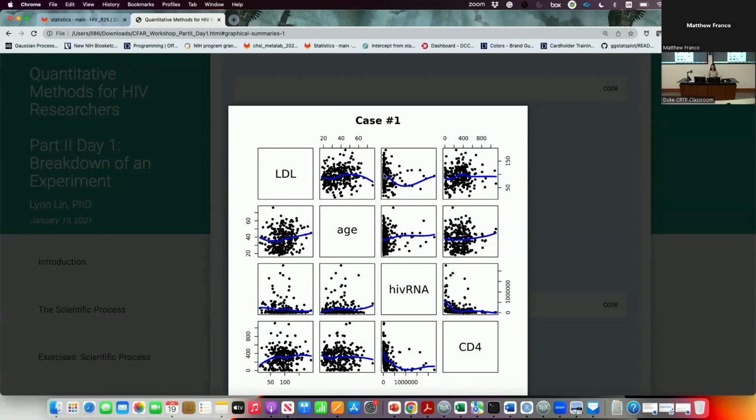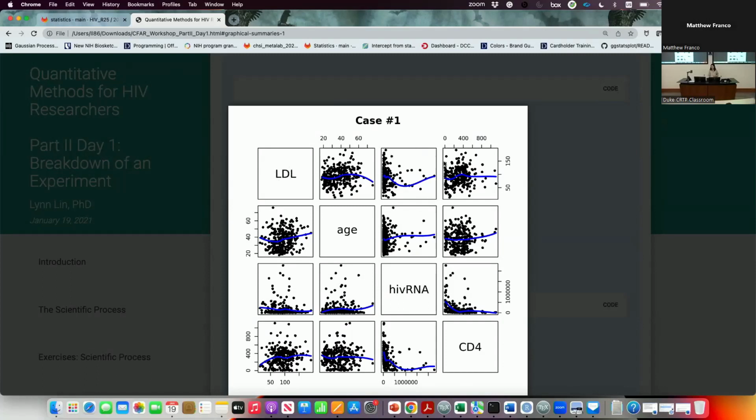And how about the box next to this? To understand it, as you go down towards the diagonal, the x-axis is represented by HIV RNA, and again the y-axis corresponds to LDL.